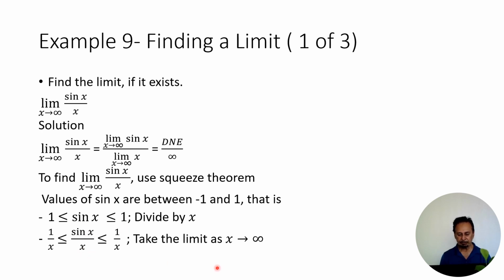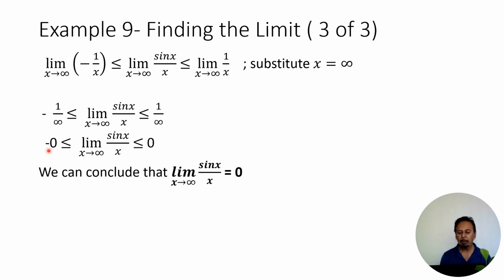And now we take the limit as x approaches infinity. So this becomes the limit as x approaches infinity of -1 over x, less than or equal to the limit as x approaches infinity of sine x over x, less than or equal to the limit as x approaches infinity of 1 over x. Now we find the limit: you substitute infinity only in this part and this part.